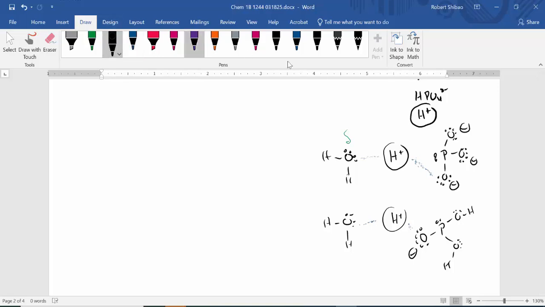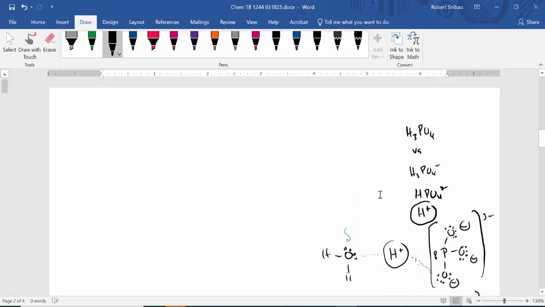Because this whole thing is a 3 minus. And I'm doing dihydrogen. I could do monohydrogen too. But this is just minus. So we'll look at acid-base strength later in more detail.